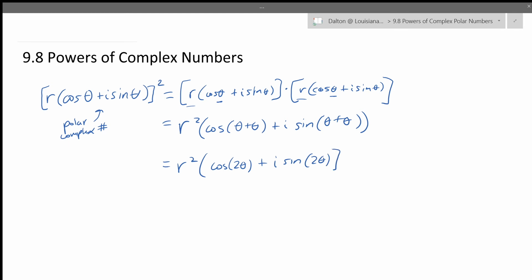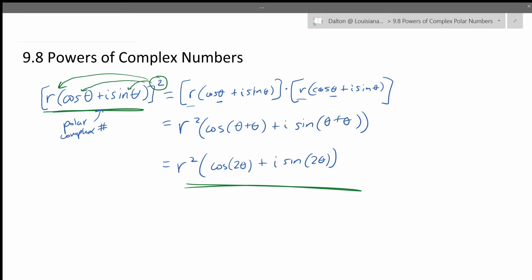You don't have to use brackets, by the way. You can use double parentheses. From the original expression to the final expression, this exponent was applied to the very front number as well as dropped in and multiplied by theta each time.